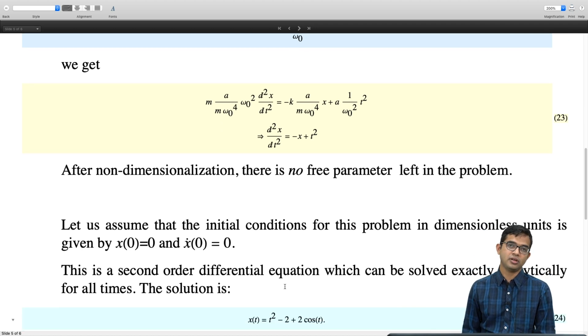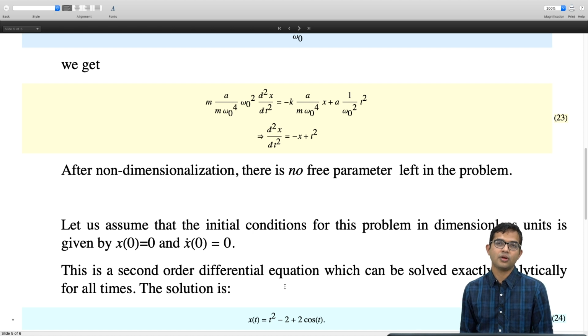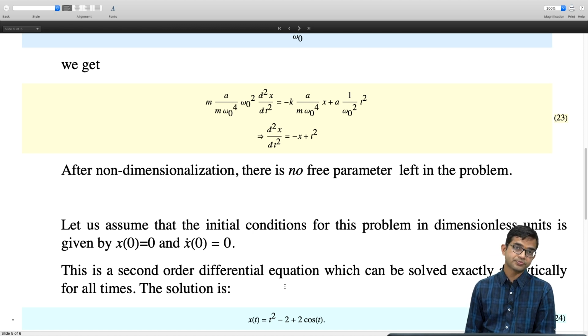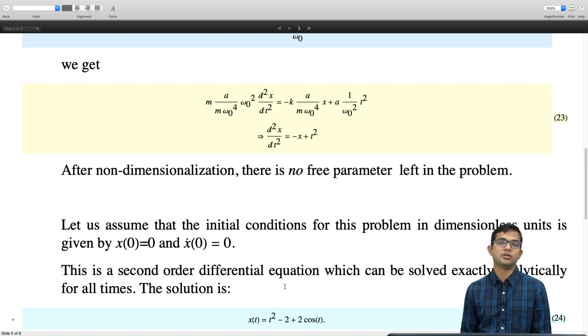But in general, actually, the theory tells us that if you have t squared sitting on the right side, you could try out an ansatz like alpha times t squared plus beta times t plus gamma, and then you have to find these coefficients. So there is a technique called the method of undetermined coefficients, and it basically tells you what is the right type of form you must give for the particular solution, and then you plug that in, and then you can actually extract those coefficients, right?